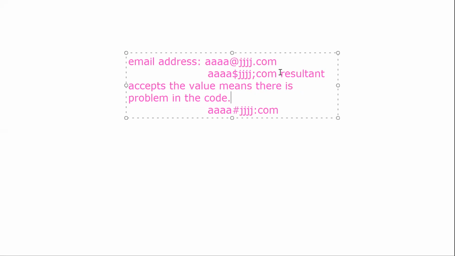Understanding it? If it accepts, it means there is some problem in our code.